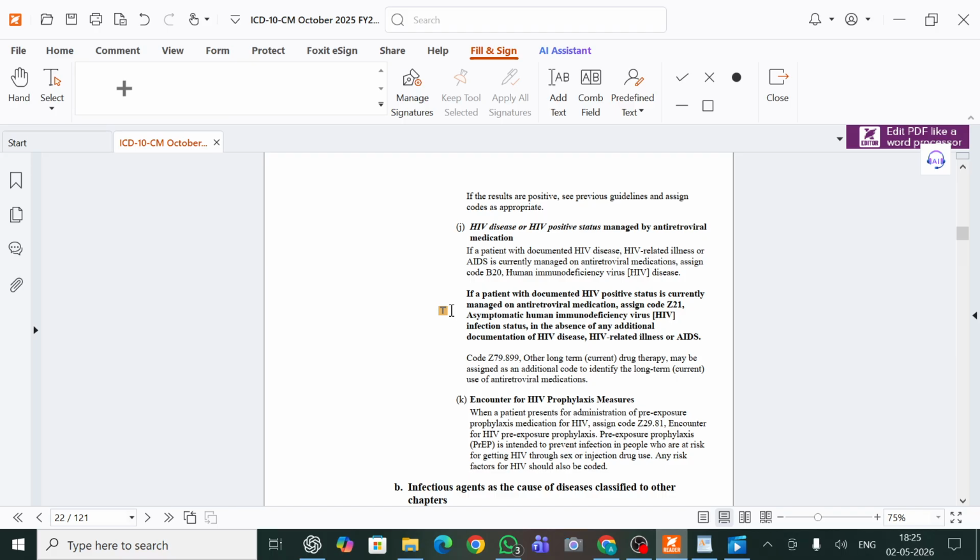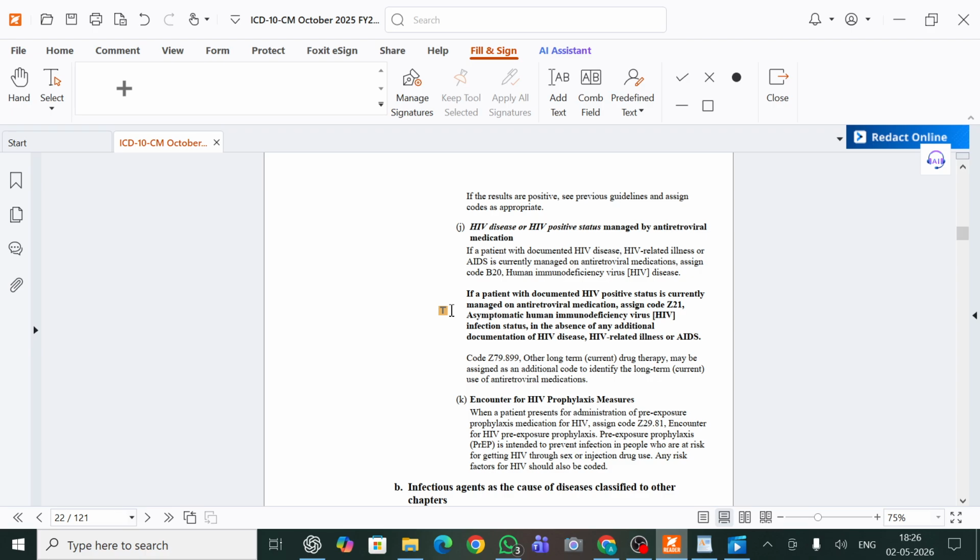So the next condition is HIV disease and HIV positive state managed by antiretroviral medication. The patient with documented HIV and HIV related illness is currently managed by antiretroviral medications.